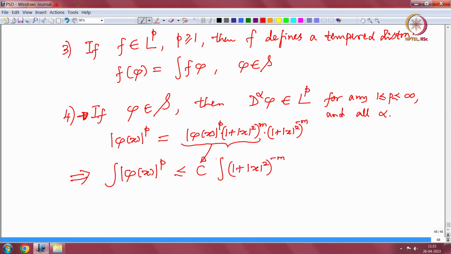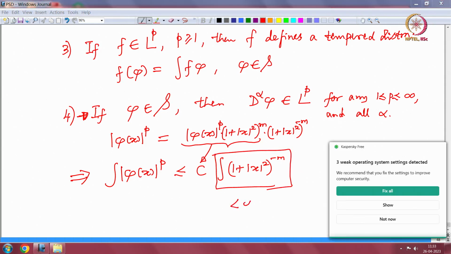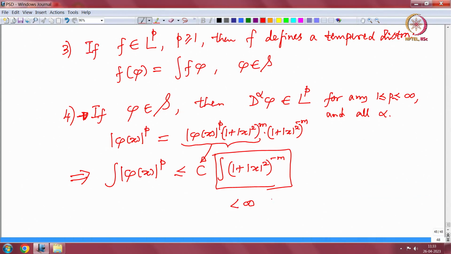And this is an interesting integral. If you have not seen it earlier, you should do that. This is finite for m bigger than n by 2. In fact, this integral can be evaluated in terms of the Euler gamma function.